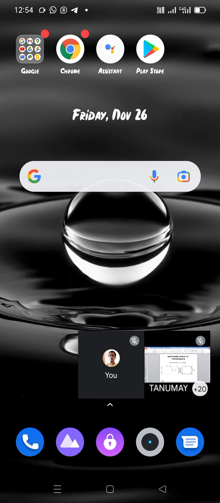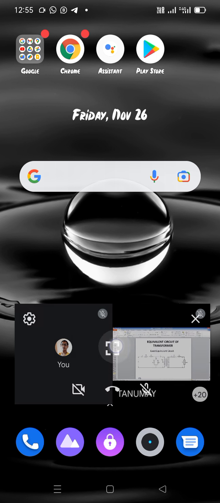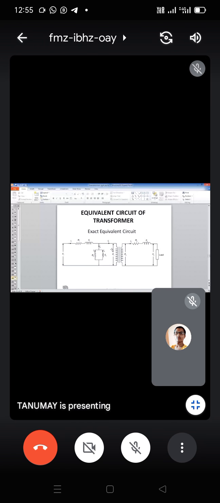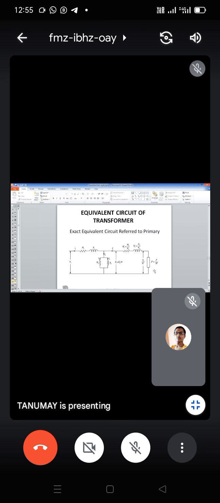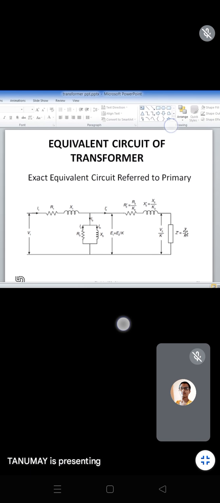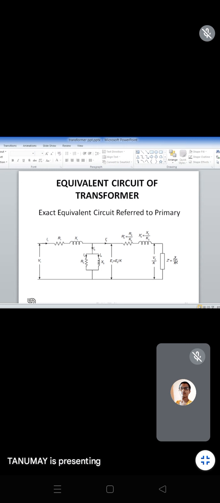In this case you get the value of R2 and X2, which become R2 by K squared. These particular terms come from the transformation ratio. So whenever you see it in a book, you will realize that these come from the transformation ratio. Clear?